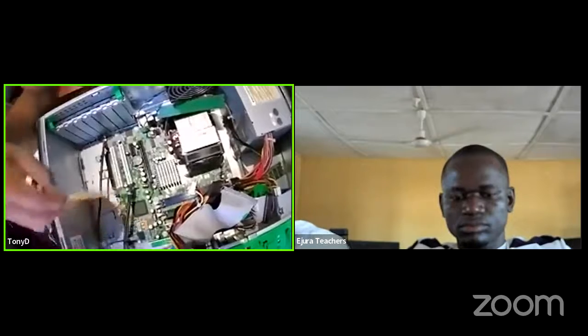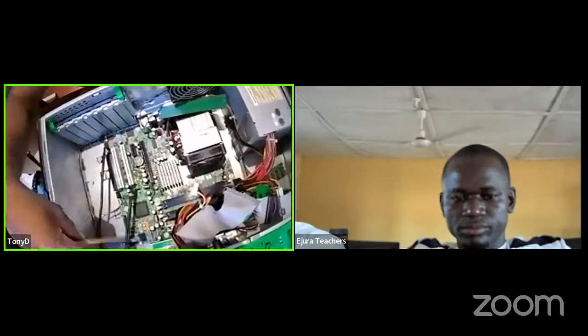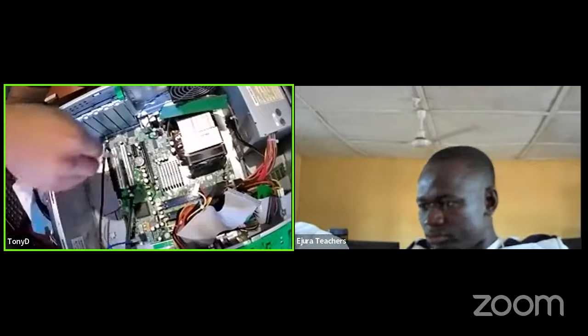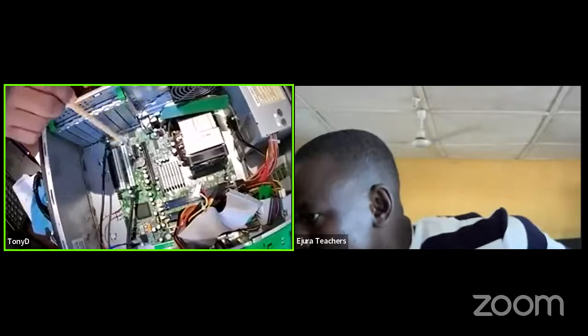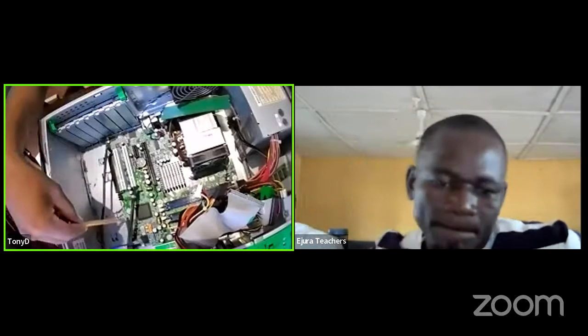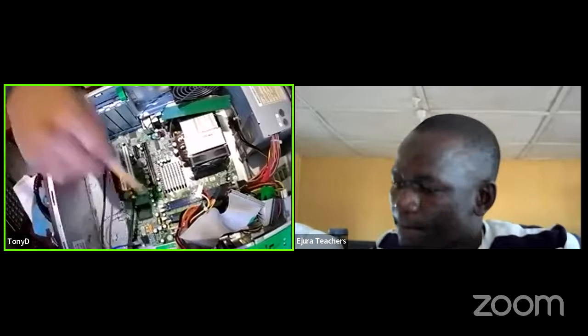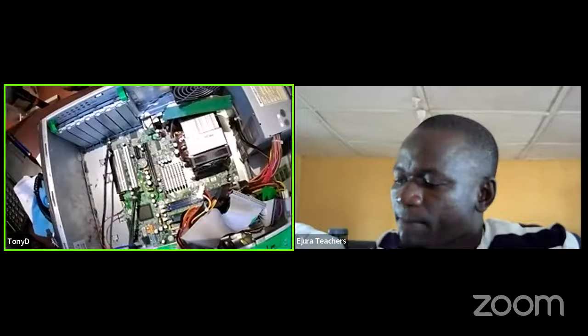Can you all see my screen? Yes. Okay, you see this green stuff. If you have a tower open, you can also try to see that this is the motherboard. The motherboard is the board, right? I will share a screen of what it looks like.